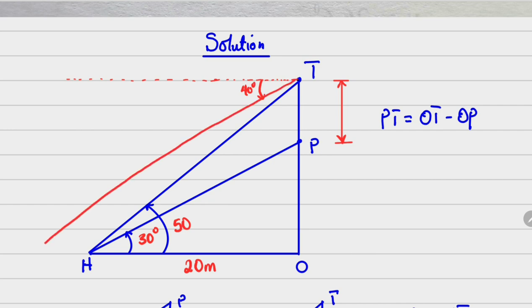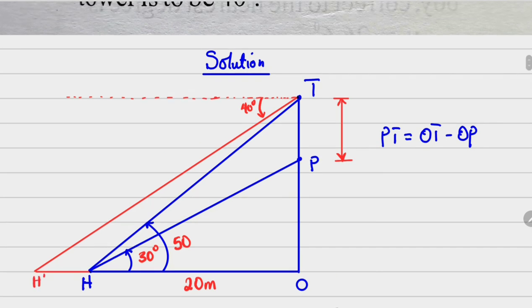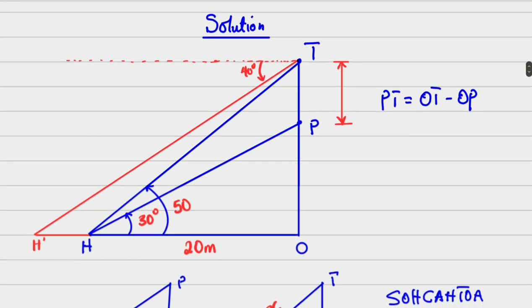Let me have it this way. Okay, good. Now this is the new point H. Let me use the red ink to differentiate. Now this is where the new position of H is. That is what the question is saying. The question is saying the position of H if the angle of depression of H from the top of the tower is 40 degrees.